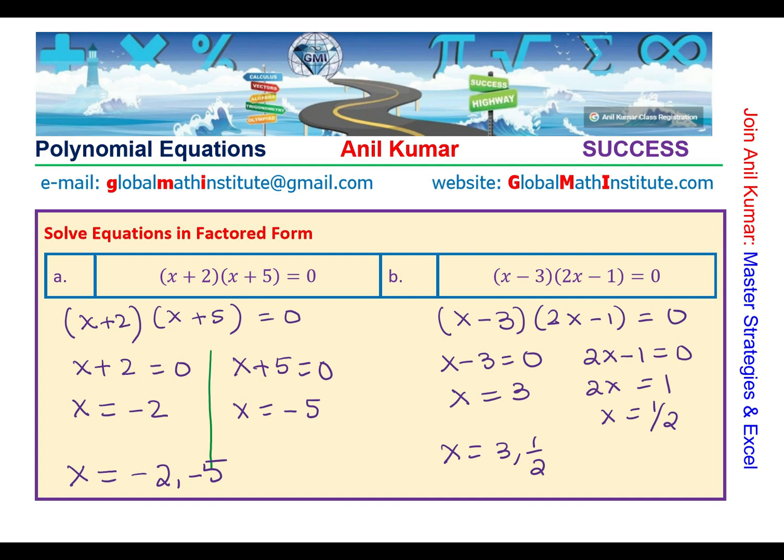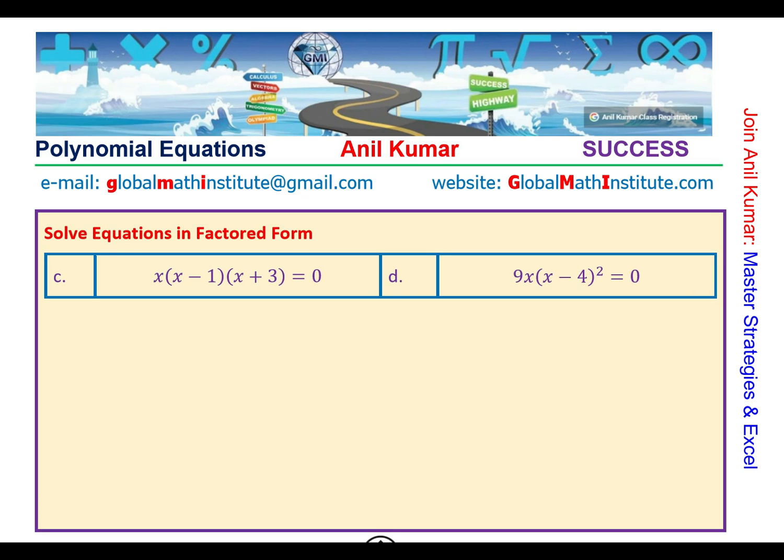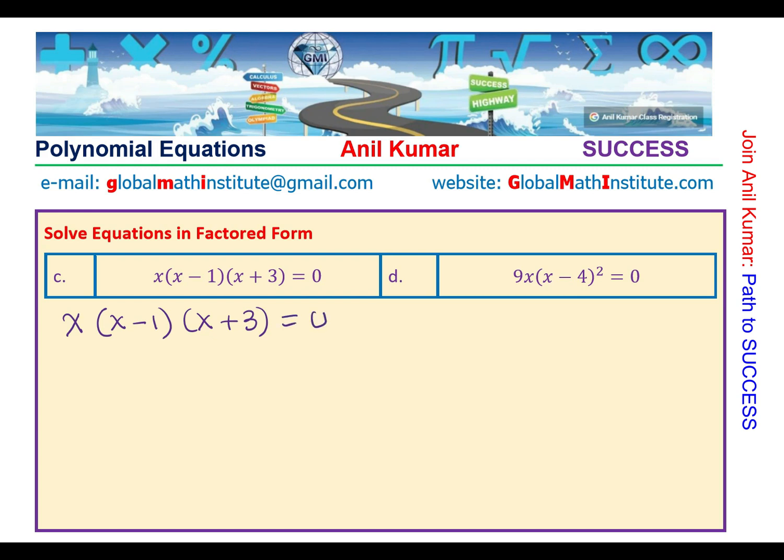Now let's continue, take up the next set. Now here we have factored form, but we have three factors in the first case. Let's try to see how do we solve this. We have x times x minus 1 times x plus 3 equal to 0. So that means one solution is x can be equal to 0, clear.